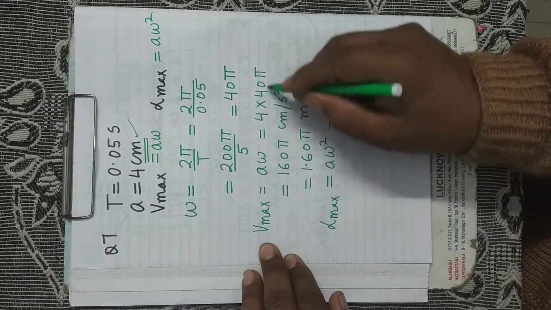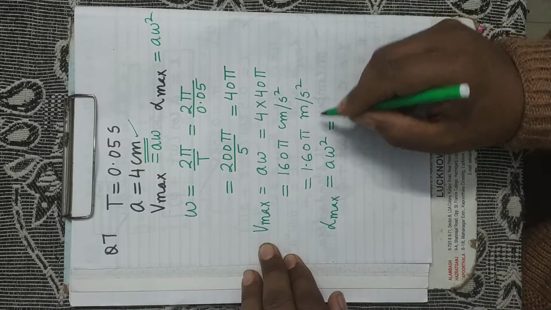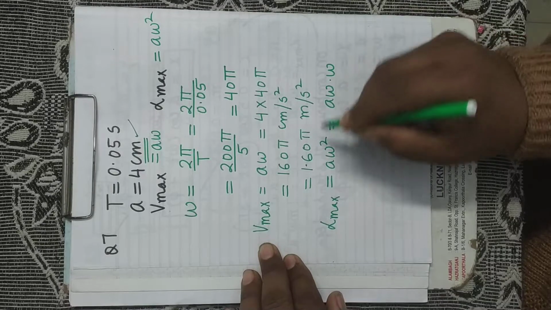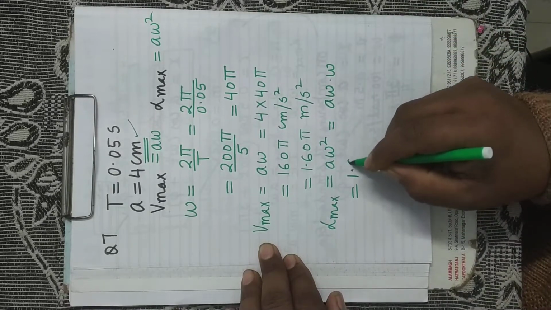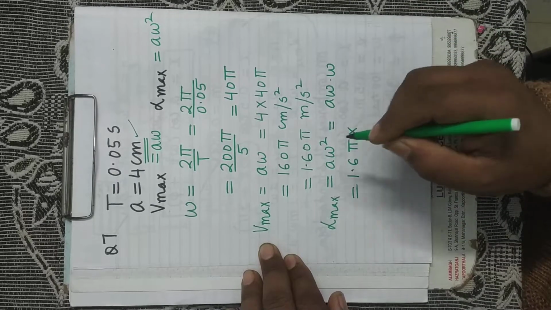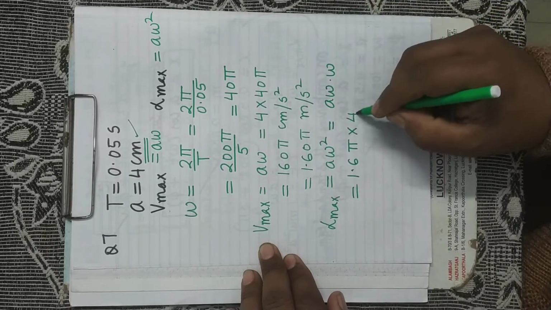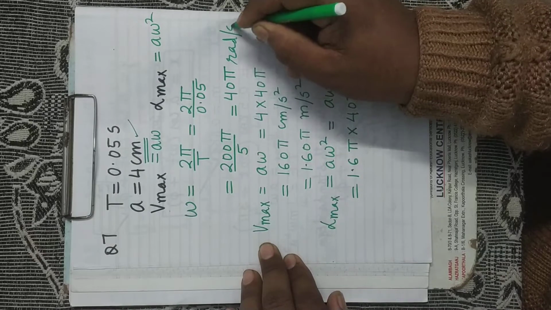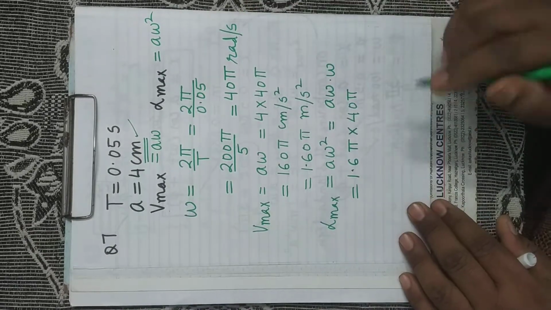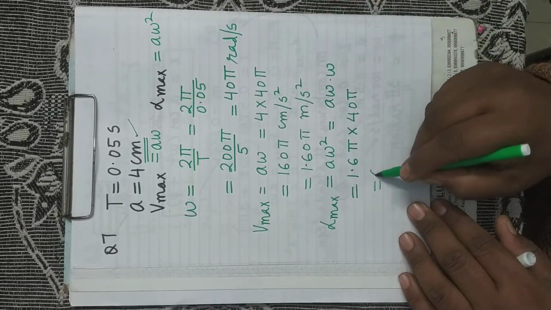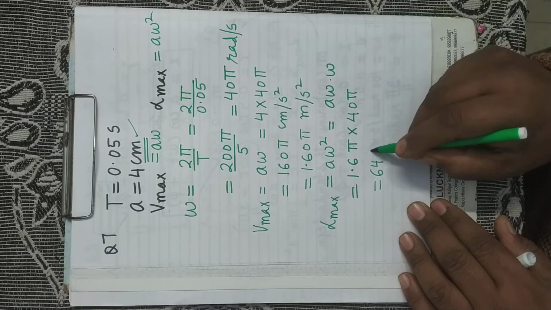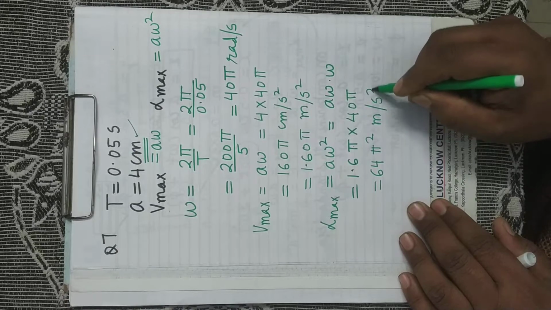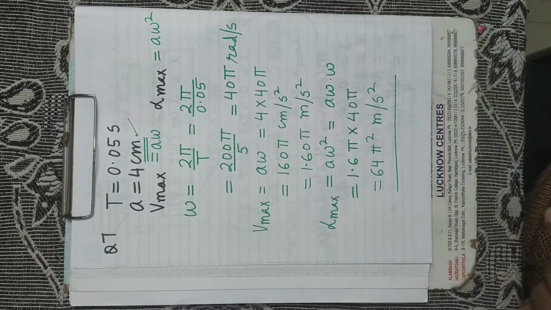A omega you have already found. This is A omega into omega. A omega is 1.6 pi. What is omega? It is 40 pi. Its unit will be radian per second. So when you simplify, it will be 64 pi square meter per second square. This will be the answer.